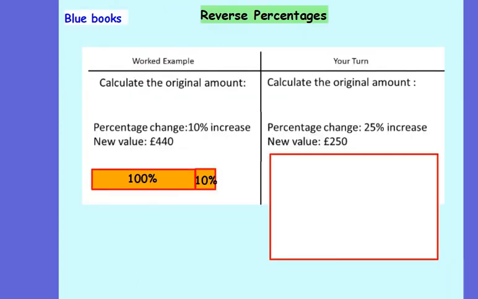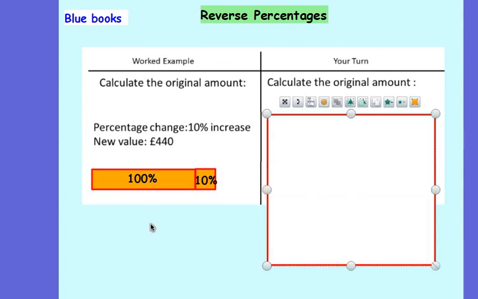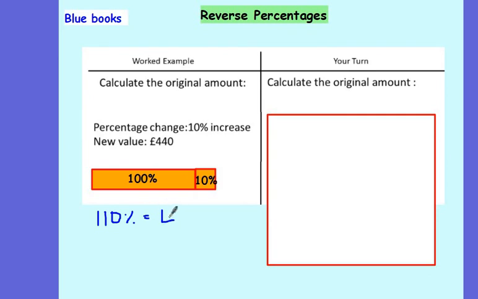Dark blue books, Year 8. I'm going to go through an example and then you're going to do an example, so get ready. Calculate the original amount. There's been a 10% increase and the new value after this 10% has been added is 440. So we know that 100% plus an extra 10% is 440. So 110% of my original value is 440.